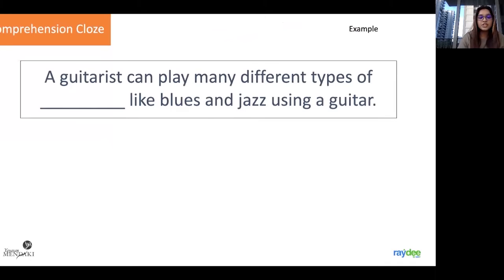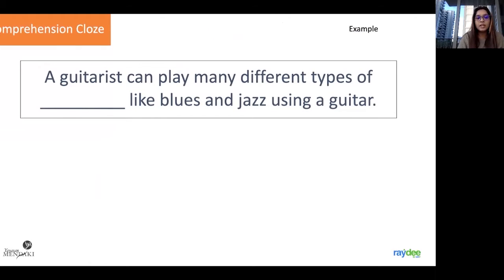So the first extract says, a guitarist can play many different types of what, like blues and jazz, using a guitar. Here, you must prompt the students and ask them what this extract is talking about. We understand that it has something to do with music.